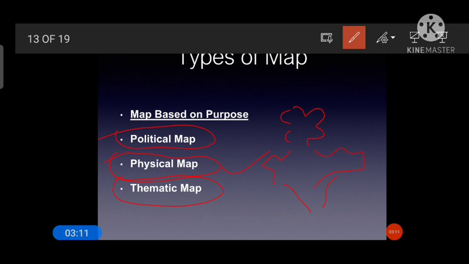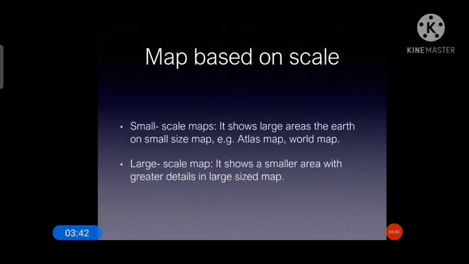It will show the different types of soil found in Gujarat, Kerala, Tamil Nadu, Uttar Pradesh, or maybe what type of forests are found in the Himalayan region or the Nilgiri region. So a map showing all these features is a thematic map. Now coming to the next, that is maps based on scale. Based on scale there are small scale maps and large scale maps.